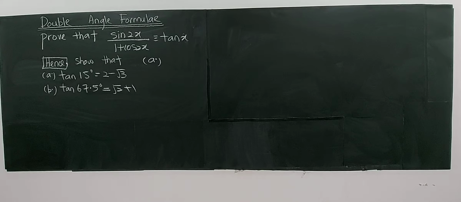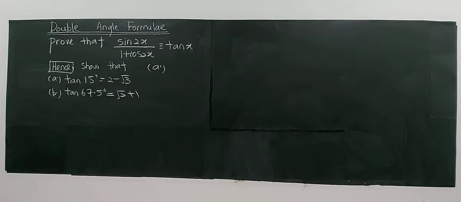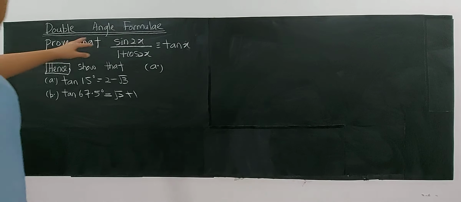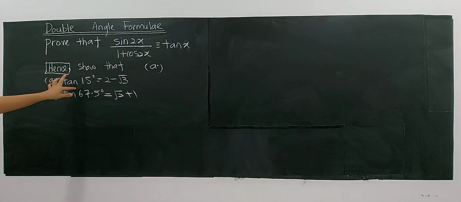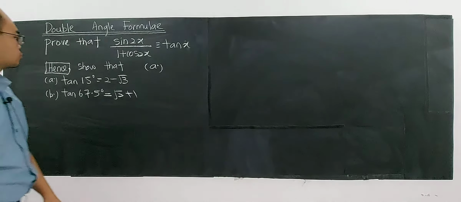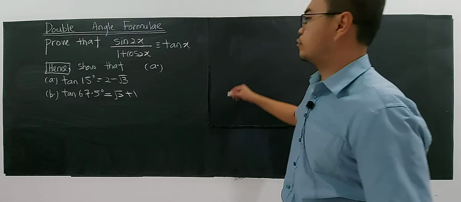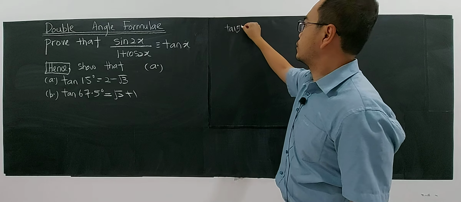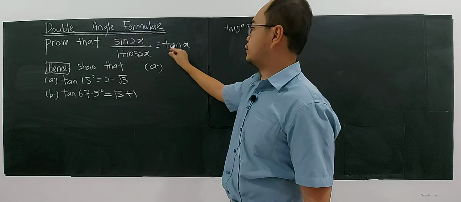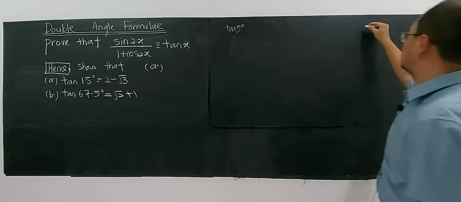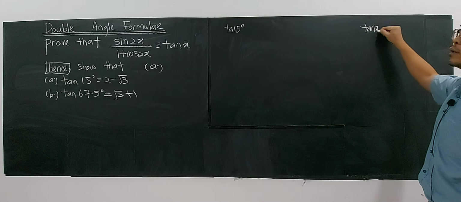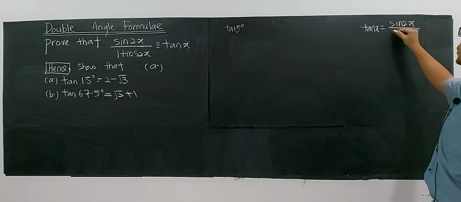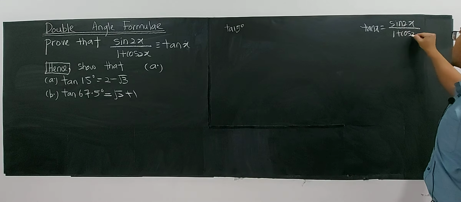Question A is about using the given identity to help you show that tangent 15 is 2 minus square root of 3. As you know, tangent x is the same as sine 2x divided by 1 plus cos 2x.